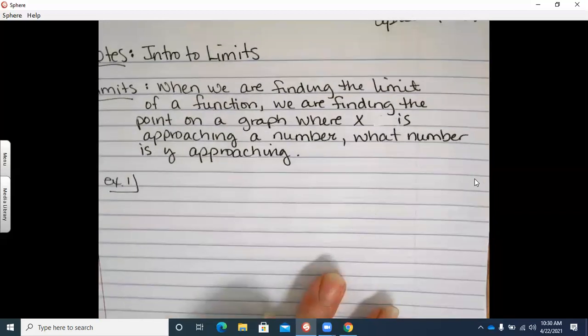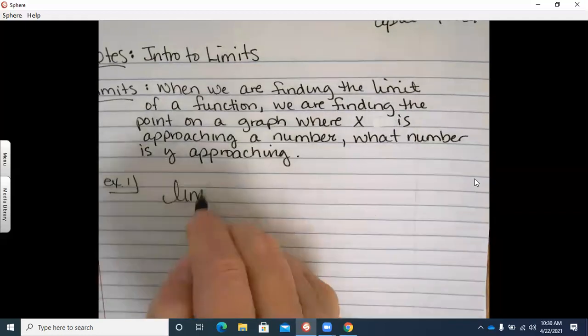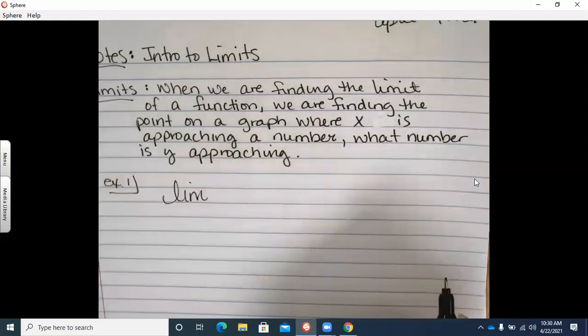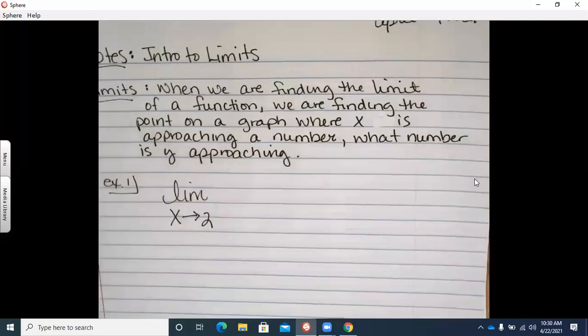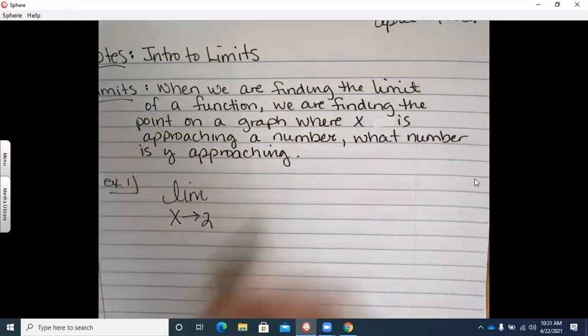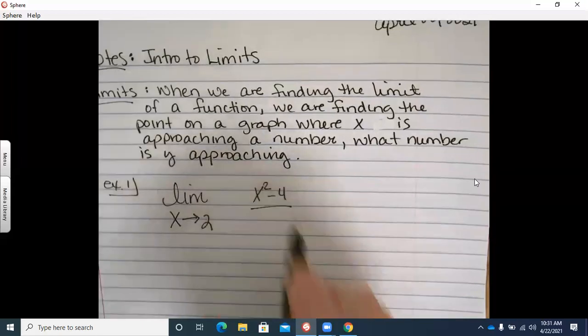All right, so the first one, we're going to find the limit. Usually you see it like in cursive, LIM, and then you'll see as x approaches 2. That's what that means. So on the graph, before I started the video, I put in the function x squared minus 4 divided by x minus 2.